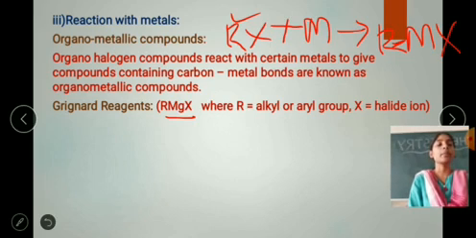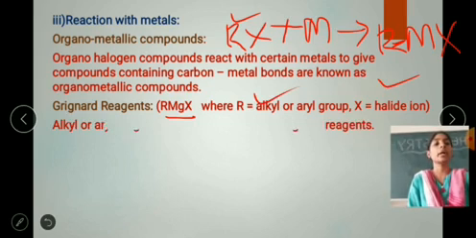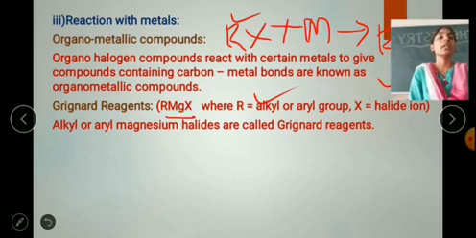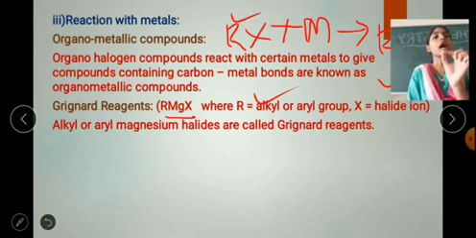So what happens during this reaction? Here you can see R means alkyl or aryl, and X means halide ion, and Mg is a metal, that is magnesium. Alkyl or aryl magnesium halides are called Grignard reagents. Here R is a carbon-containing compound, Mg is a metal, so a carbon-metal bond has been formed.